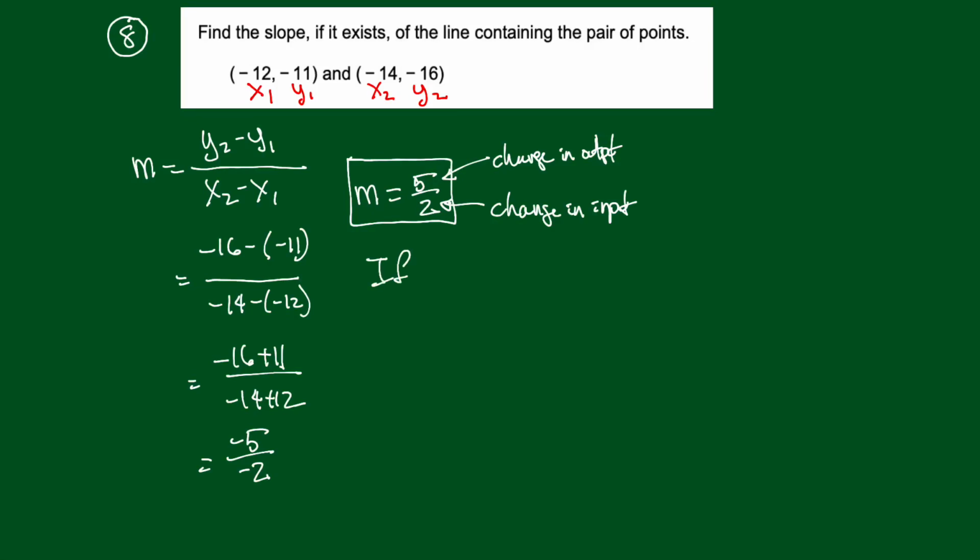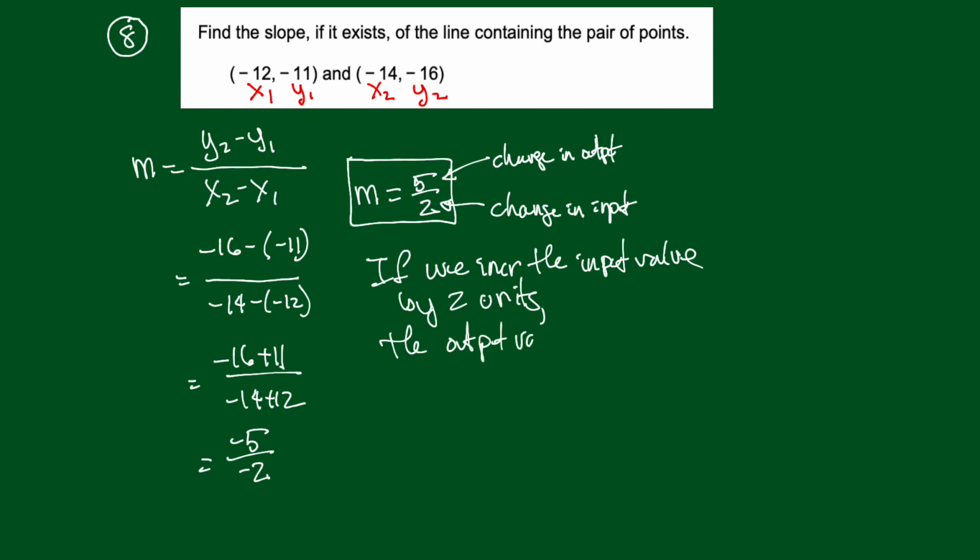If we increase the input value by 2 units, whatever the input is, the output value will increase, because we have positive numbers, by 5 units.